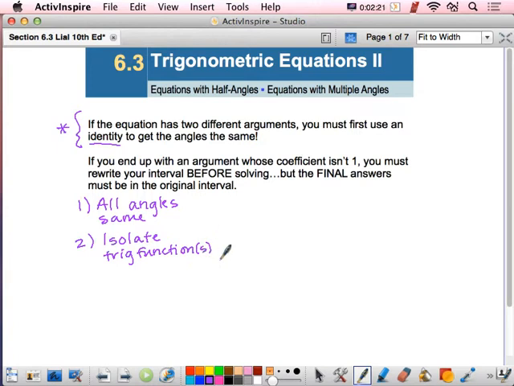You can do that by getting it equal to 0. If it's just 1, you just get it by itself. If there's more than 1, you get it equal to 0, and you can factor it, or use the quadratic formula, or square both sides. Do whatever it takes to isolate the trig function.